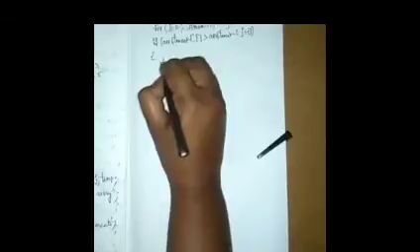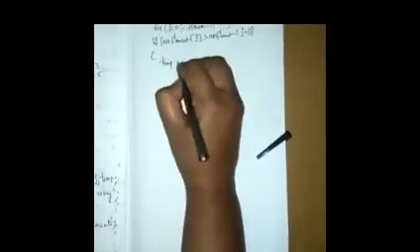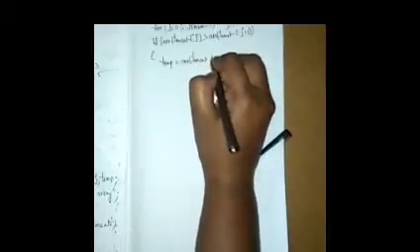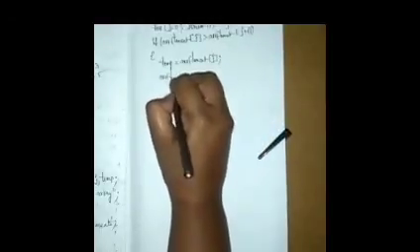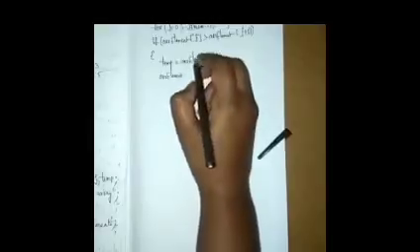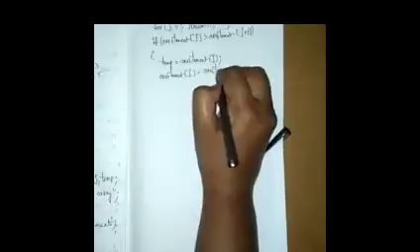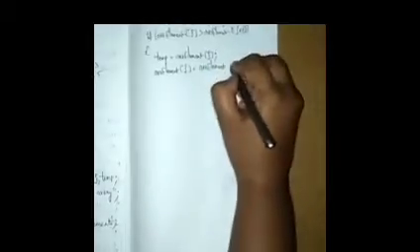Suppose you are taking 1, then the next will be 2, so 1 greater than 2, like that you have to take. Next, open the braces and write temp equals array element j. Then array element j will be assigned array element j plus 1.